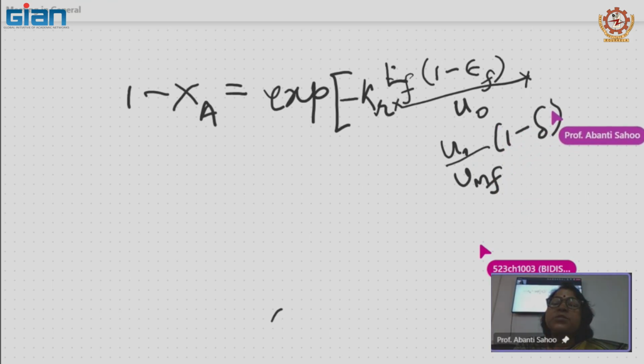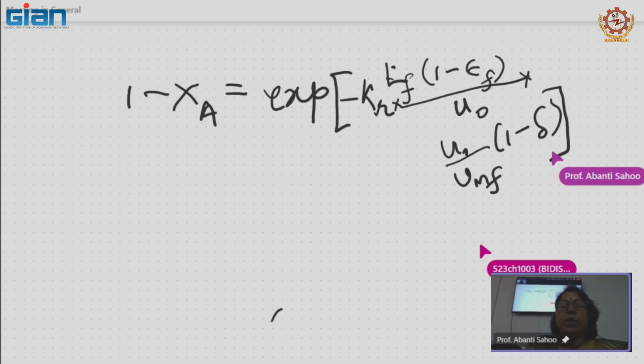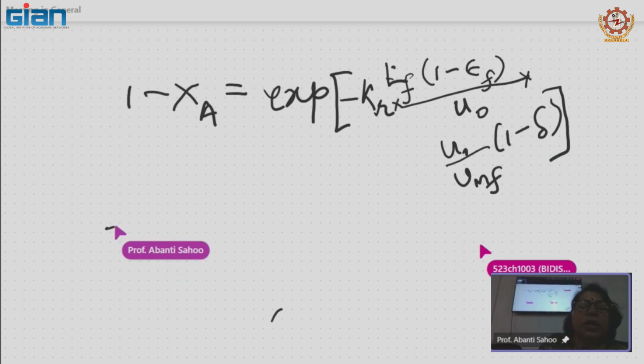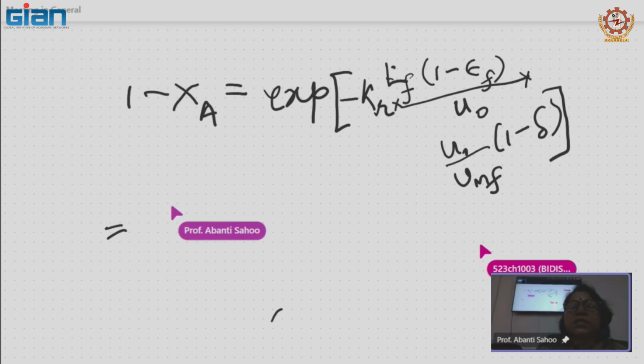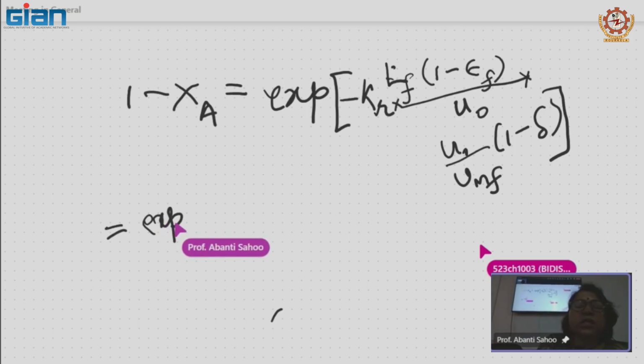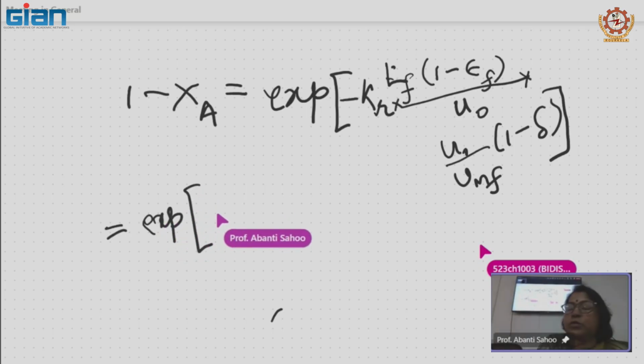This expression we have already discussed, that will give you 1 minus X_A. Now, all the data we know, so we can calculate this 1 minus X_A as exponential, substituting all the values. Minus, here K_R is given, K_R is 1.5 meter cube of the gas per meter cube catalyst per second.